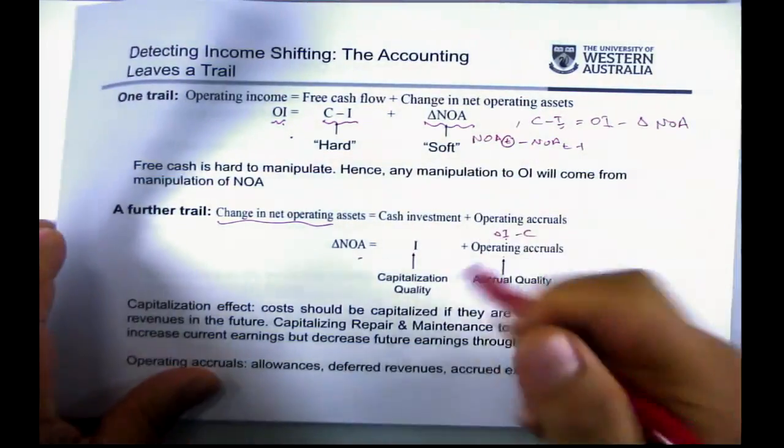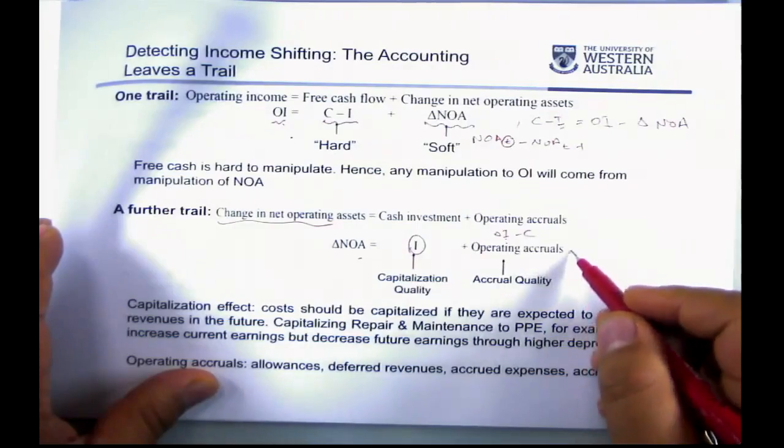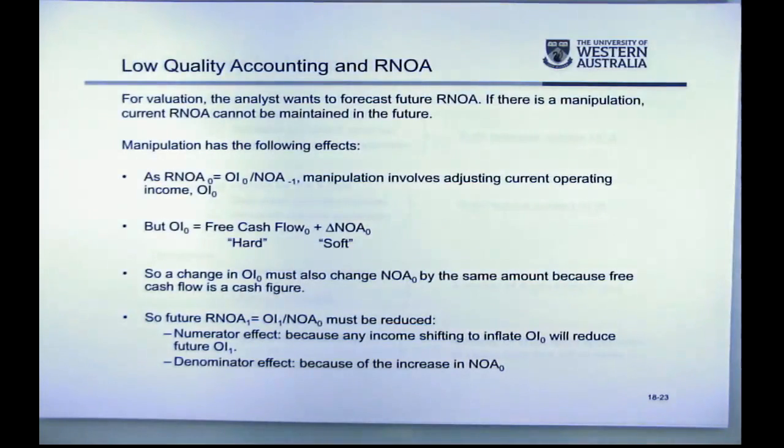So again, remember, I is hard to manipulate, the mess can be found in the accruals. Let us see the effect of this manipulation.